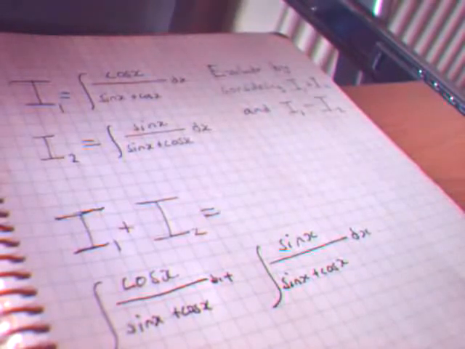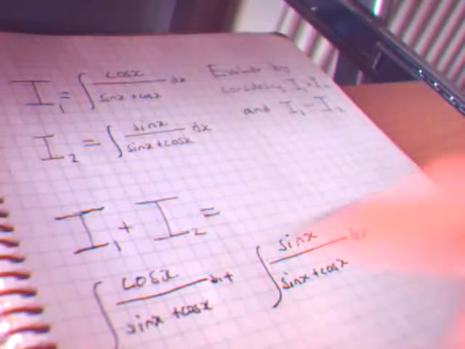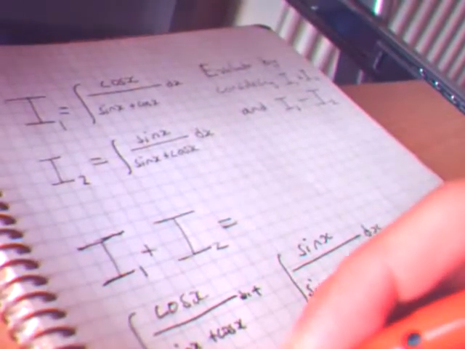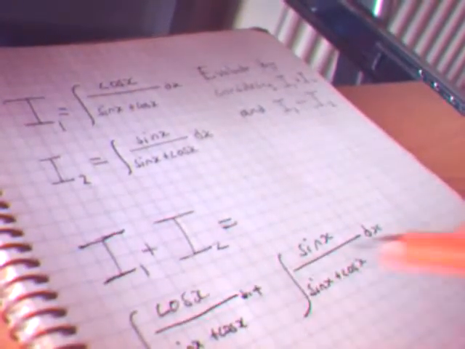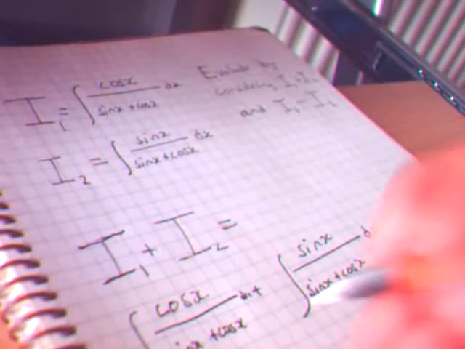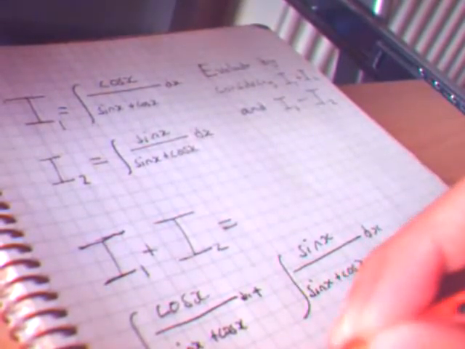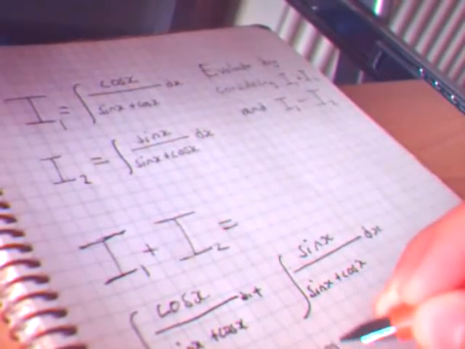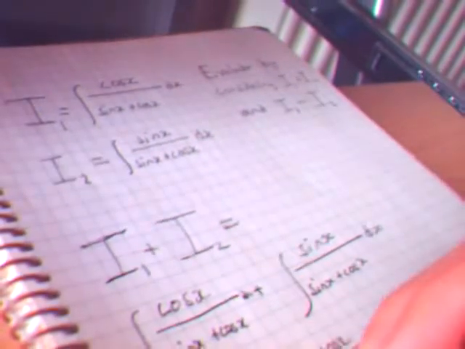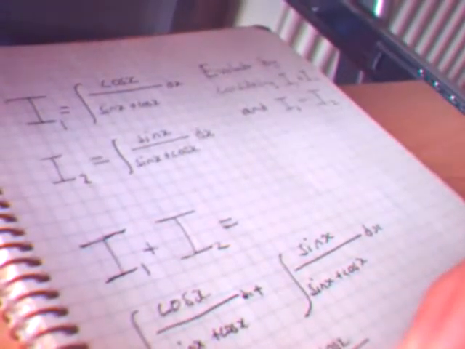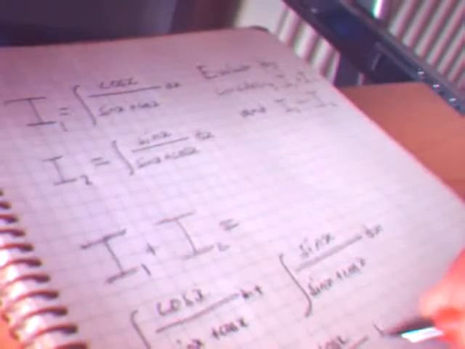Now, a basic rule of integrals is that the integral of f of x plus the integral of g of x is the same as the integral of f of x plus g of x. So we can add these together. This ends up being the integral of, and these are the same denominator, sin x plus cos x over sin x plus cos x dx.